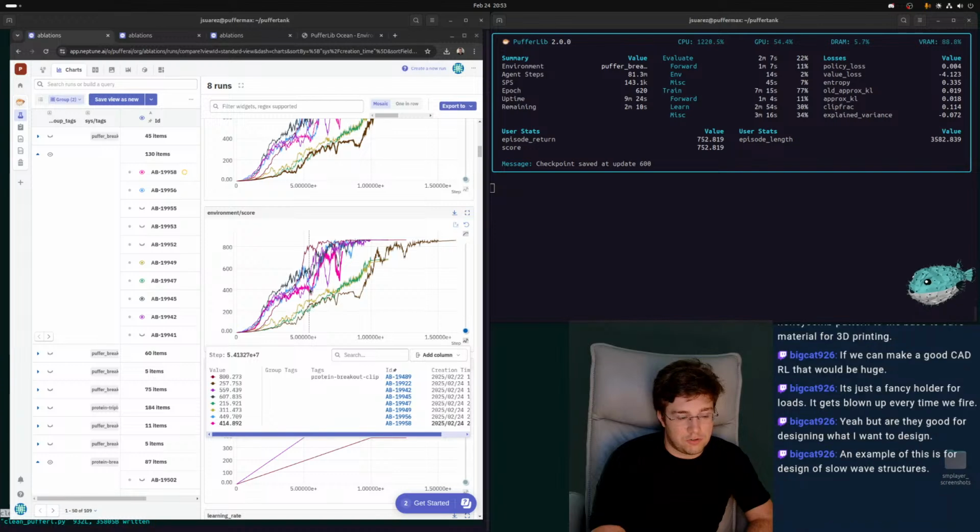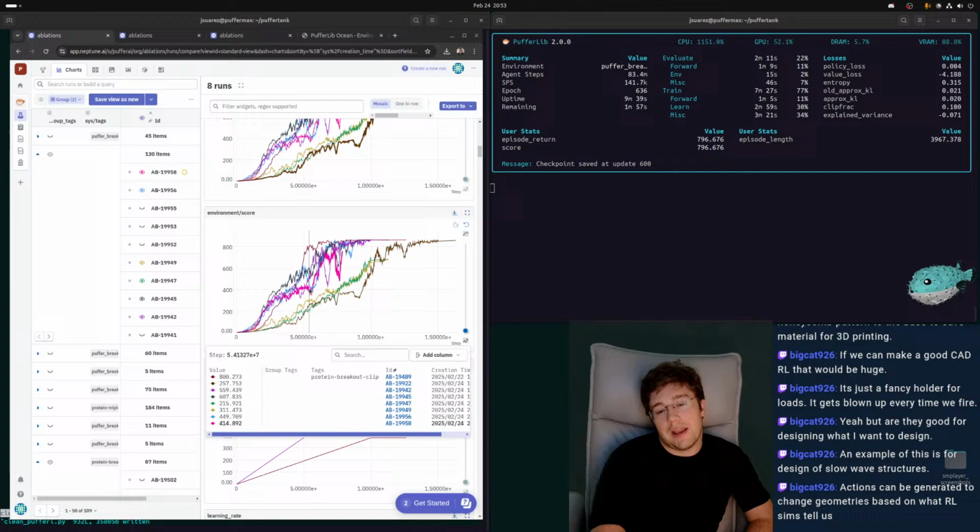Slow wave structure. What is a slow wave structure? If you have a thing that you're simulating, I'd have to look at it and see how I would cast it as a problem.